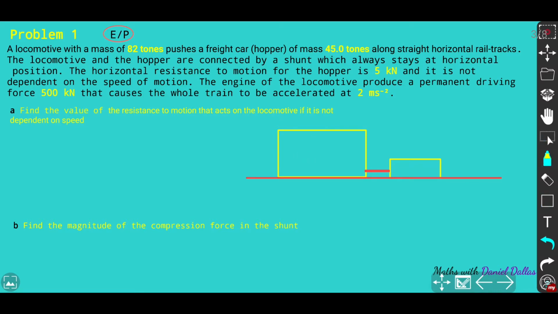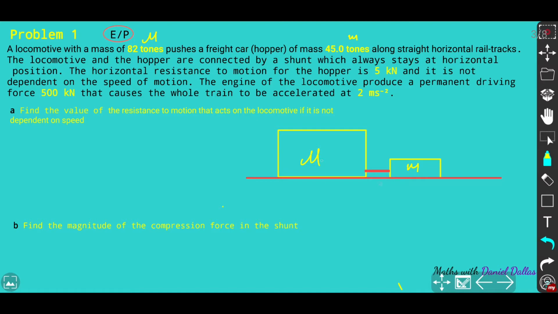And this is going to be a loco. I just denote that the mass of the loco is great, let's say big M right here, and small m is the mass of the freight car. In this case, this type of car, a hopper, is used for carrying grains and transferring substances of this sort. So that's why I just put small m and big M. Okay, they are definitely connected with this rod, with this shunt, which in this question has a negligible mass.